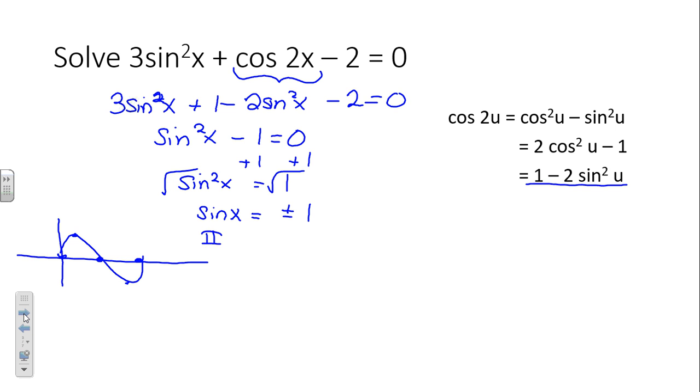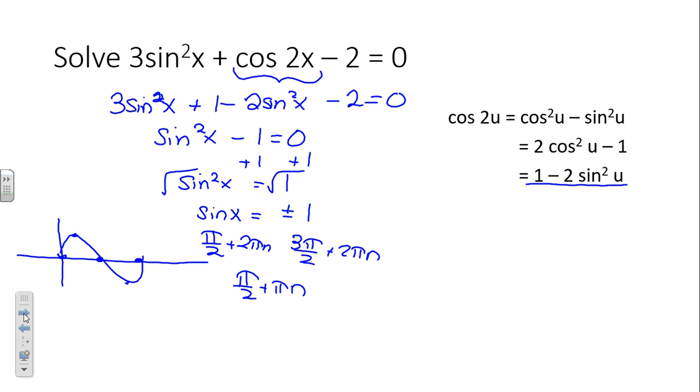So pi over 2 and 3 pi over 2 plus 2 pi n. Or we could tighten it up and just say pi over 2 plus pi n, where n is an integer, right?